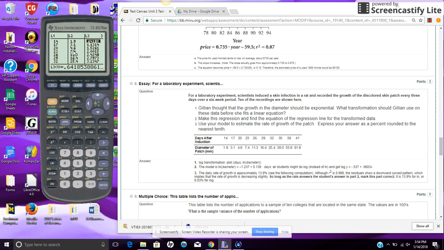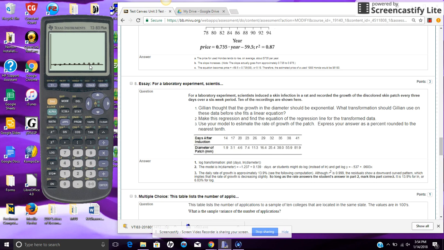Well, I want to confirm that it does definitely look linear. So I'm going to go back to my stat plot. But this time I want to plot L1 and L3. So I'm going to hit second and L3, and I'm going to graph.